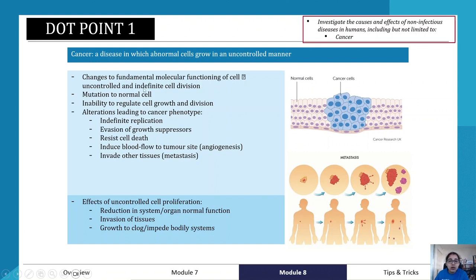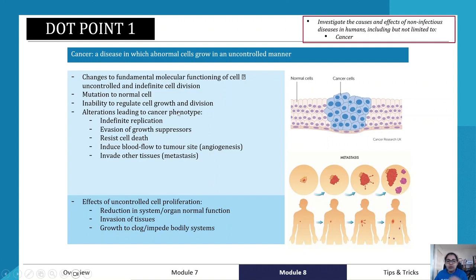So it's uncontrolled and there is infinite cell division. Now, mutation to normal cells can also happen as a result, and an inability to regulate cell growth. We will talk about benign and malignant tumors, but essentially cancer is when we see it spread throughout the body, and it can then grow.